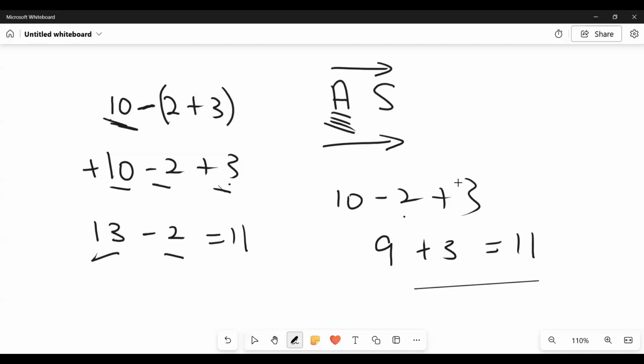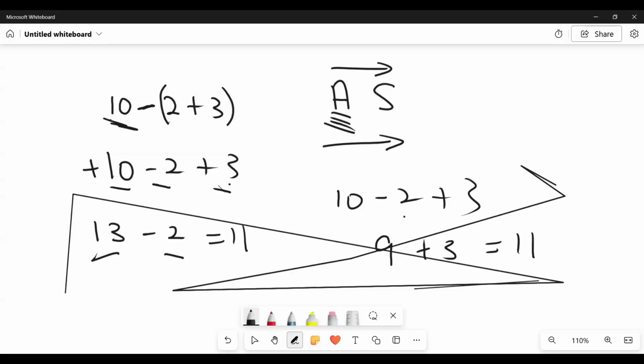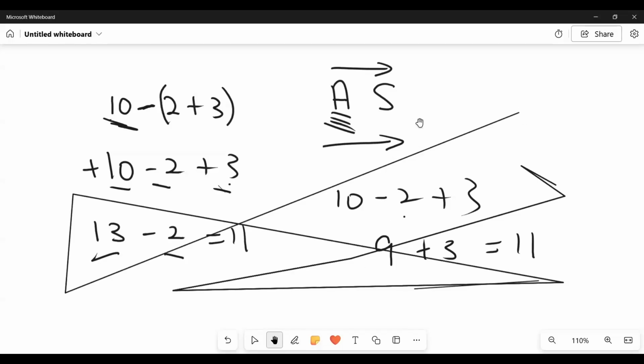However, somebody did say something that makes sense. And I want to... what's going on here? My whiteboard is moving. What's going on? What is doing that?